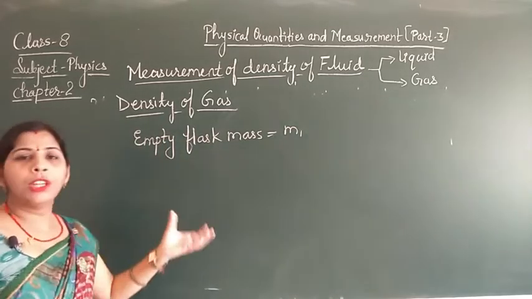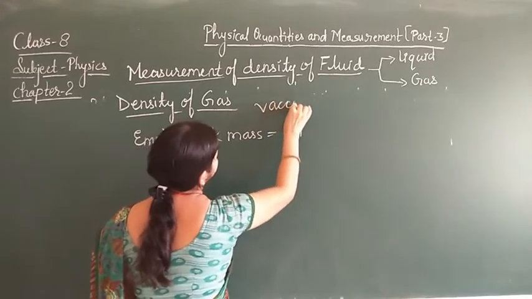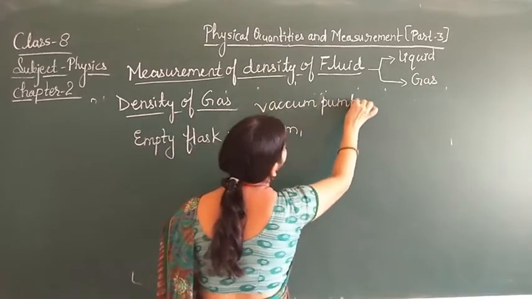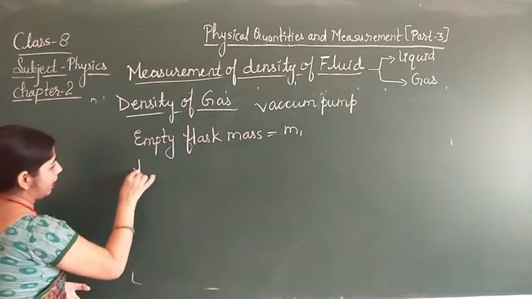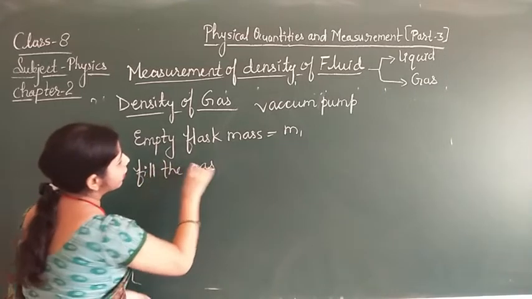Now use a vacuum pump and remove the air present in the flask, and then fill the gas whose density is to be measured.